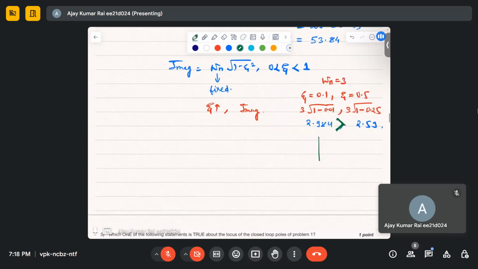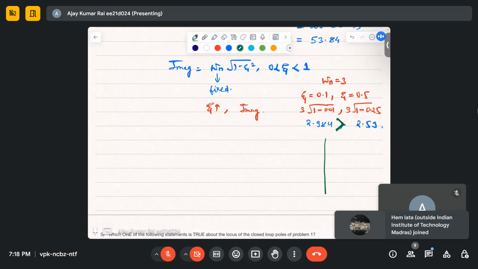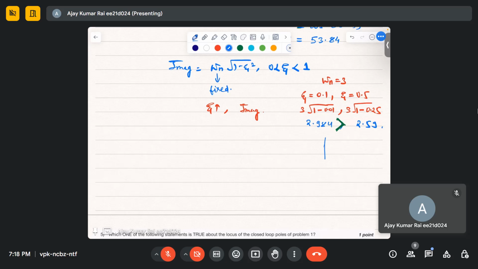So let me plot in the root locus. How to plot in the root locus? Let me change the same. We have two poles here, and we are concerned with this. I have chosen two zeta values.